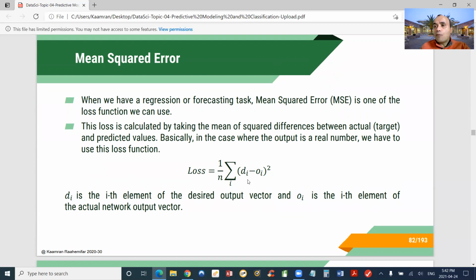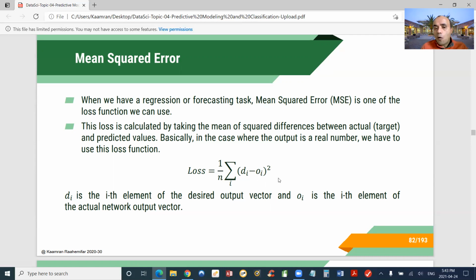You're going to have 1,000 outputs and 1,000 actual outputs, and you calculate the difference between the actual output and the neural network output, and you take it to the power of 2. You don't want to bring in a negative bias because of some points being above or below the value, making them negative and positive. So you take them to the power of 2, sum them up, and then divide by n. That's one way of looking at it.